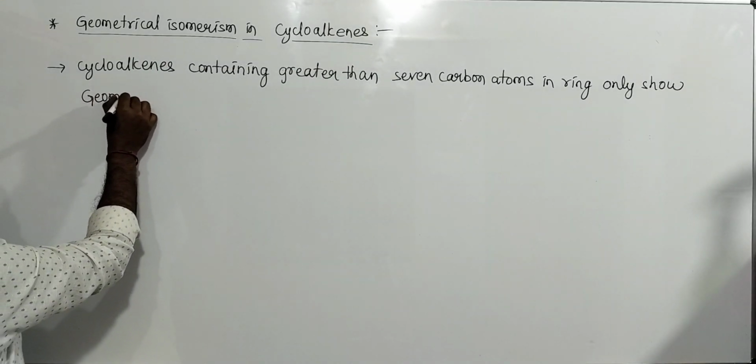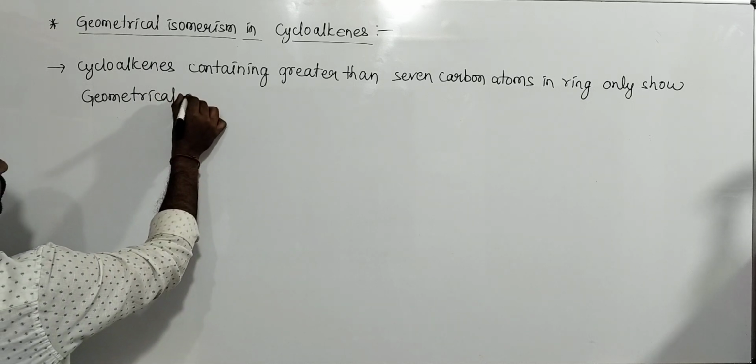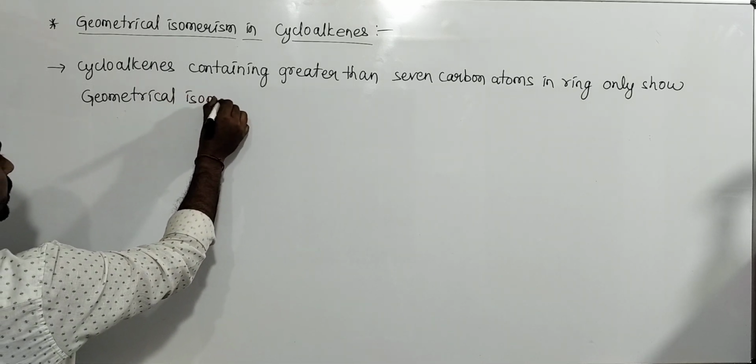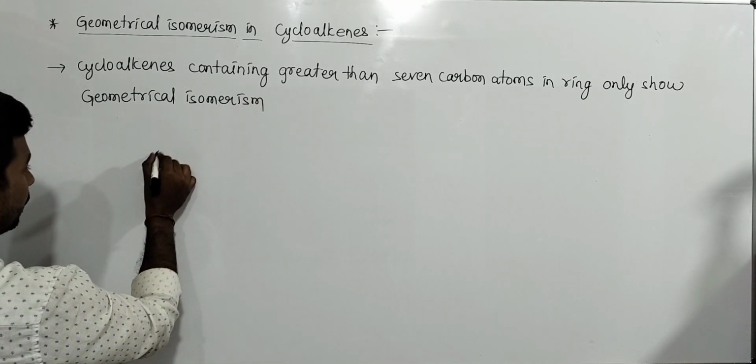Which type of cycloalkene? Cycloalkenes containing greater than 7 carbon atoms only show geometrical isomerism.